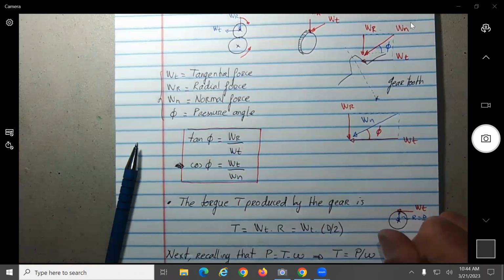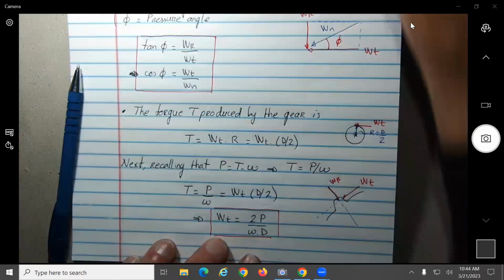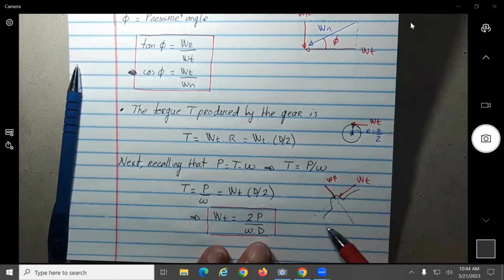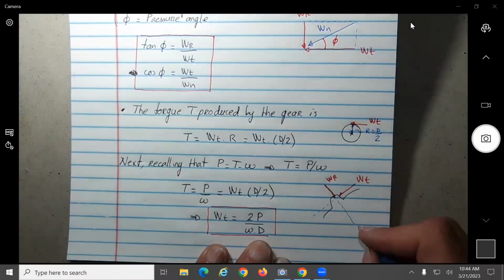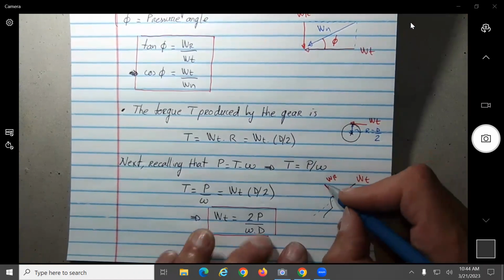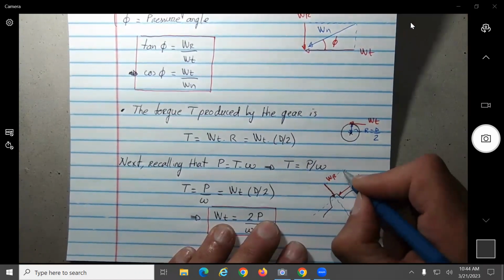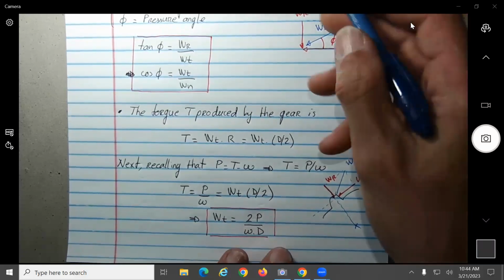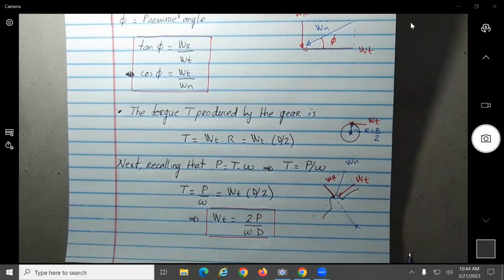This should be your WR, going in the radial direction towards the center of the gear, this should be your WT, and this should be your omega sub n. That figure is not really that good. I was just trying to do a general one.